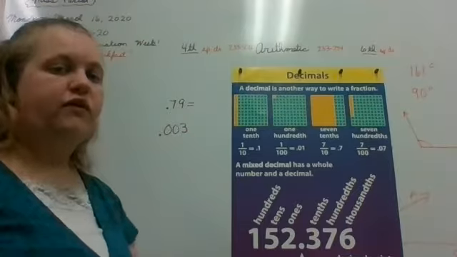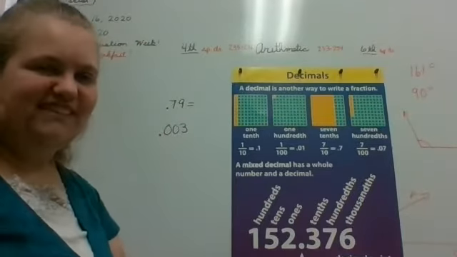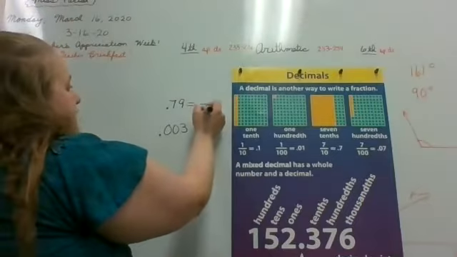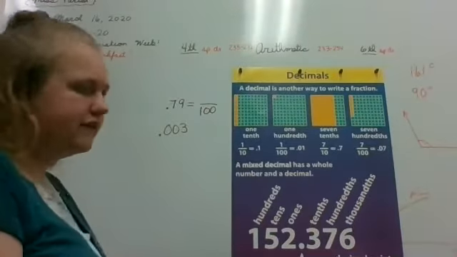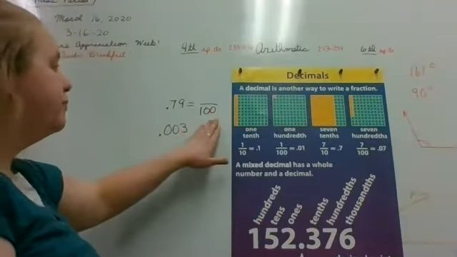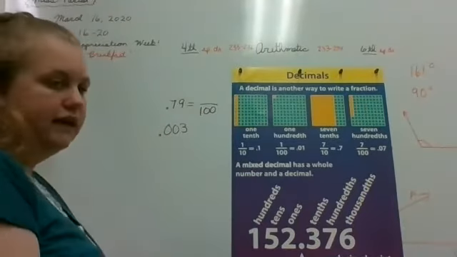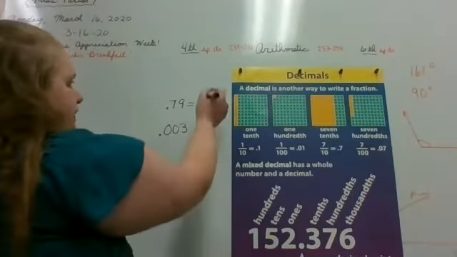So the hundredths place, that gives us a clue. You hear 100th, and what number would we put on the bottom? Okay? Would be 100, okay? If you didn't get that, that's okay, but it would be 100. We would put the 100 on the bottom, and then 79, we're gonna just put that on the top, right?